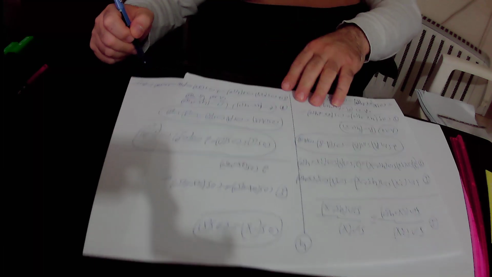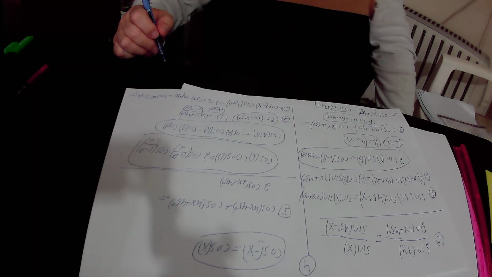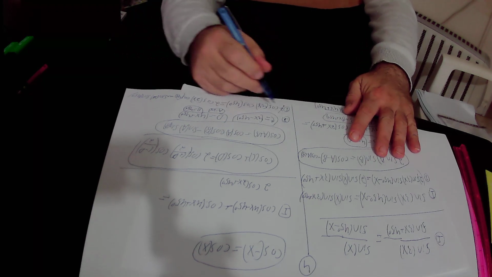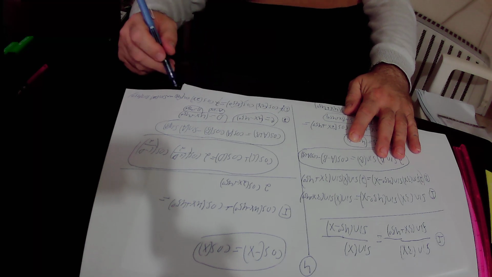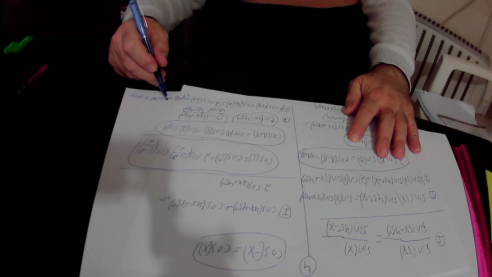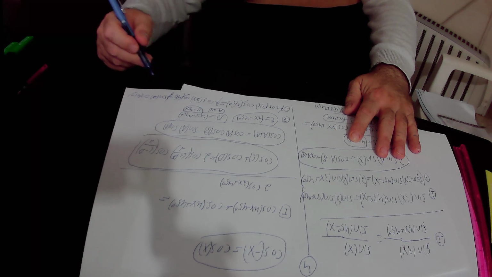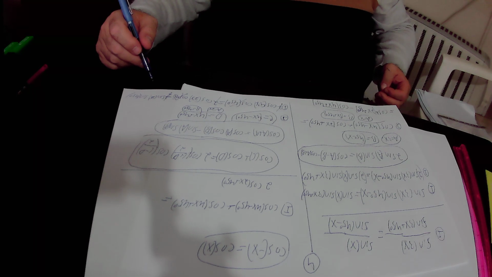So here we will divide this equation number 1 by 2 cosine 45 degrees. Here, 2 cosine 45 degrees will get cancelled, and here also 2 cosine 45 degrees will get cancelled, and here we have 2 sine 45 degrees equals cosine 45 degrees.